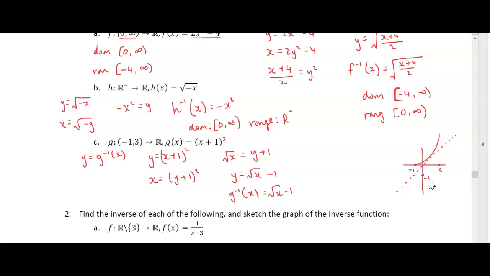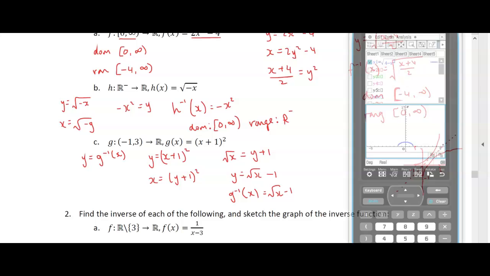Okay, so that's where our graph is going to begin. And then I can put the 3 up here. So the graph is kind of like a reflection along that line. Okay, so you can see it there.